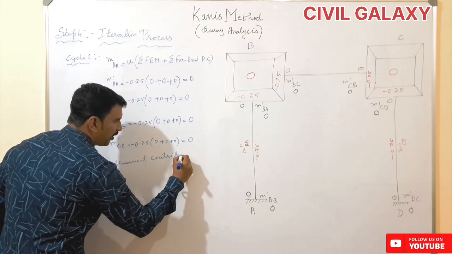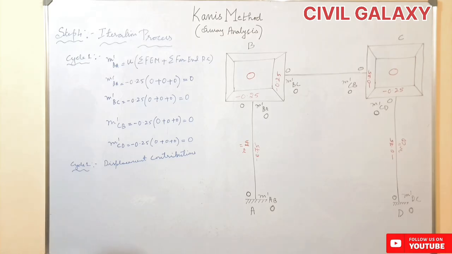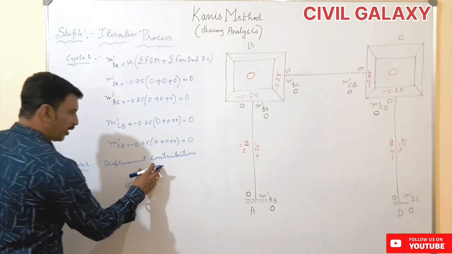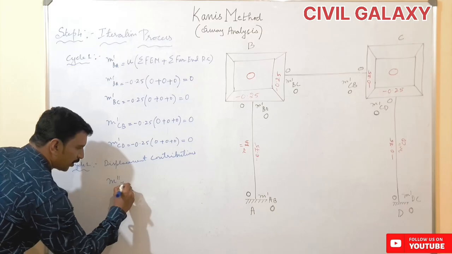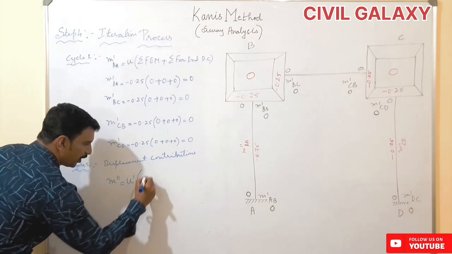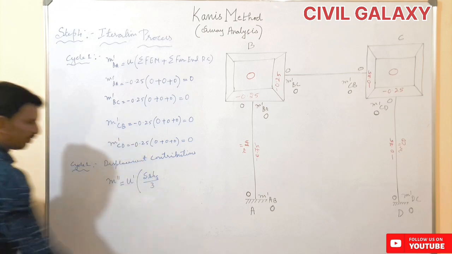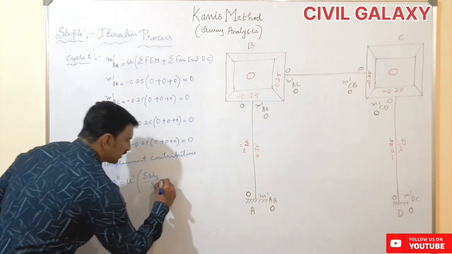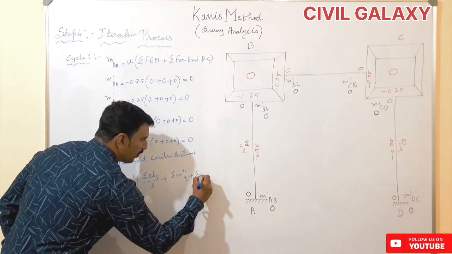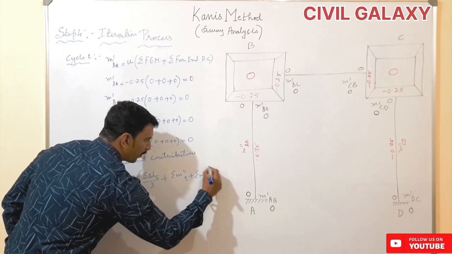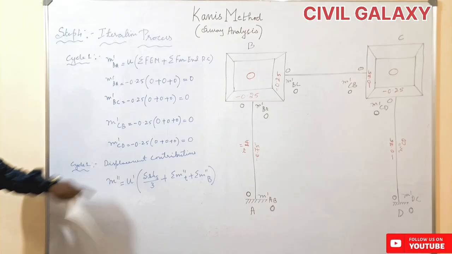The formula is m double dash equals u dash into SRHS upon 3 plus sigma m double dash top plus sigma m double dash bottom. So this is the formula we need to use to find the displacement contributions.